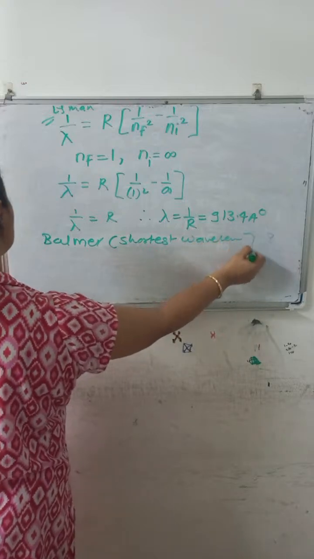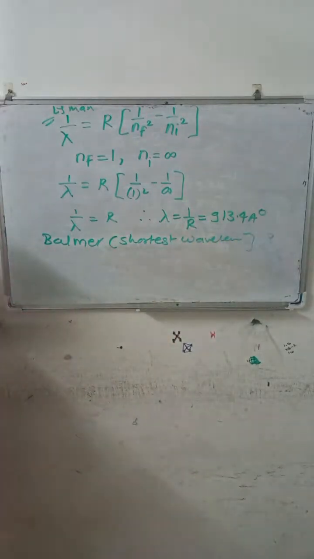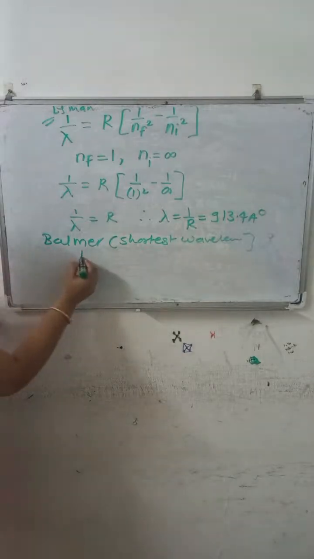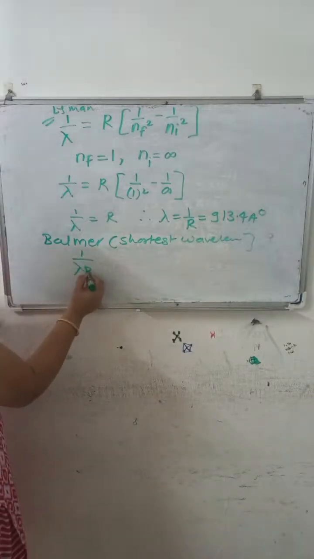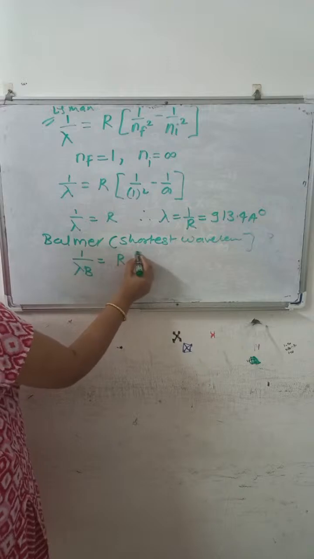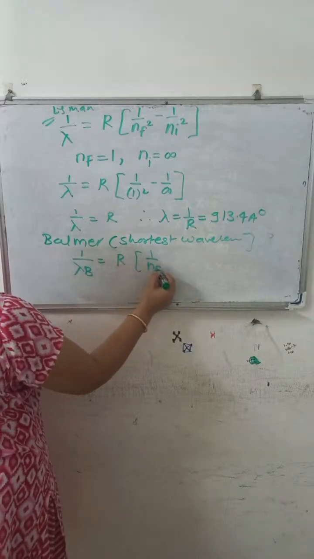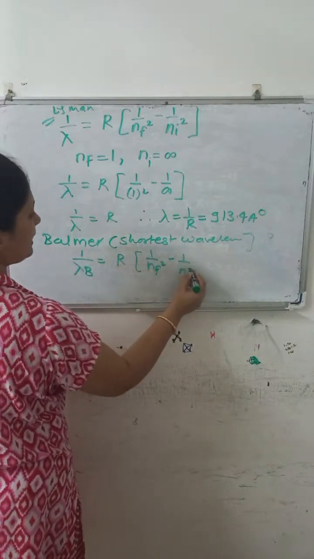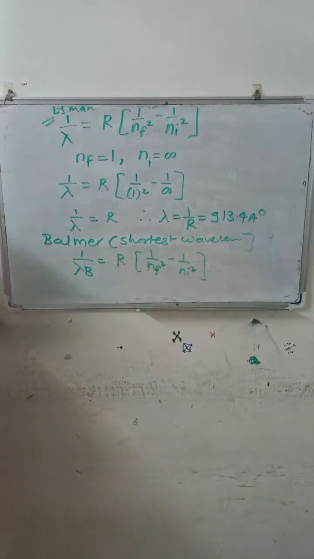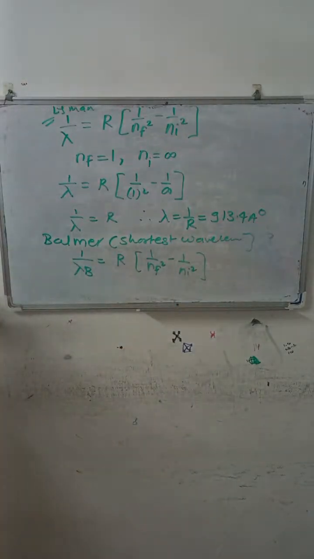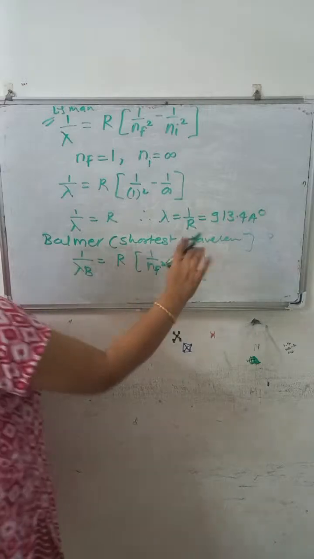So again, for the shortest wavelength of the Balmer series, I will write 1 upon lambda b is nothing but R, 1 upon nf square minus 1 upon ni square. Shortest again means ni is infinity, and we know that for Balmer nf is 2.